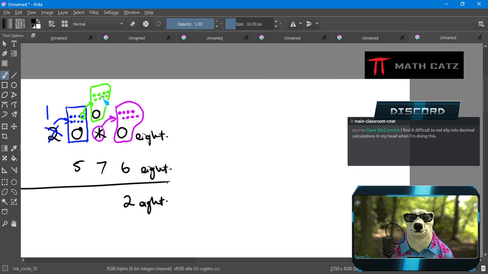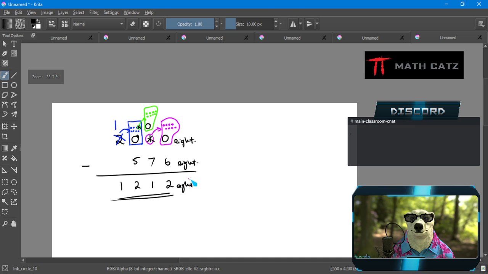This is nice. I have 8 minus 7, 1. Now that guy's not there anymore. He's gone. So I have 7 left in the blue rectangle. 7 minus 5, 2. 1 minus nothing, 1. Let's zoom back out.